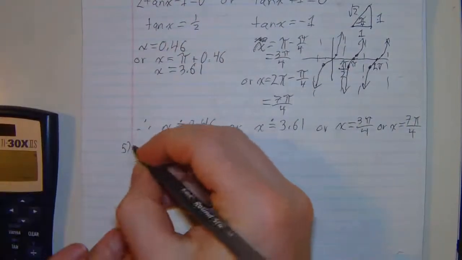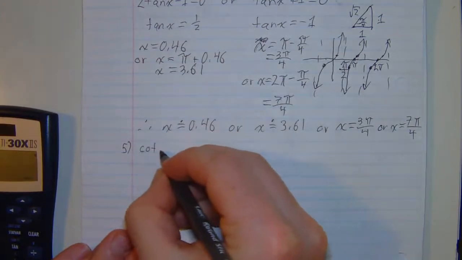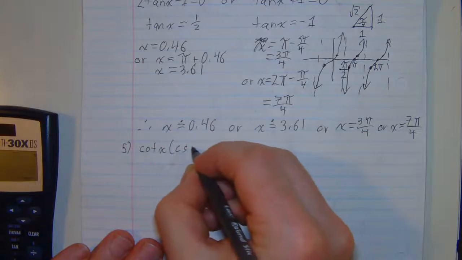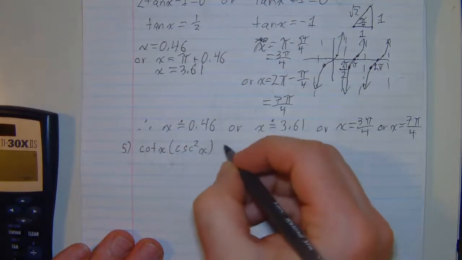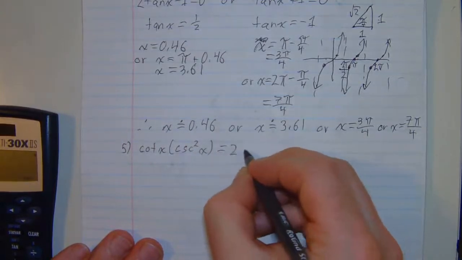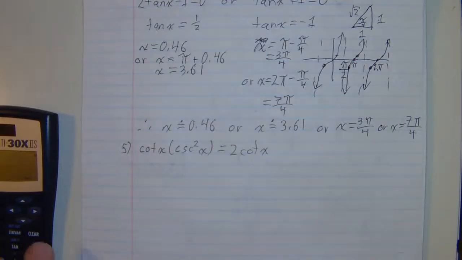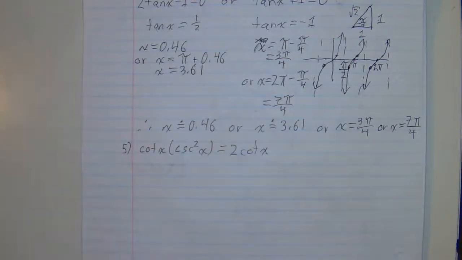So 5, we have cotangent x times cosecant squared x equals 2 cotangent x. Okay. So a few things.